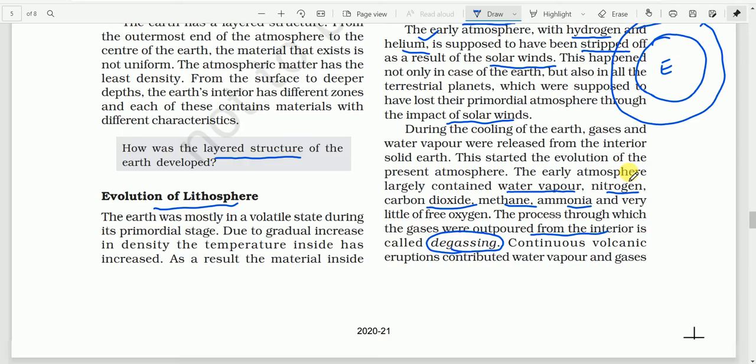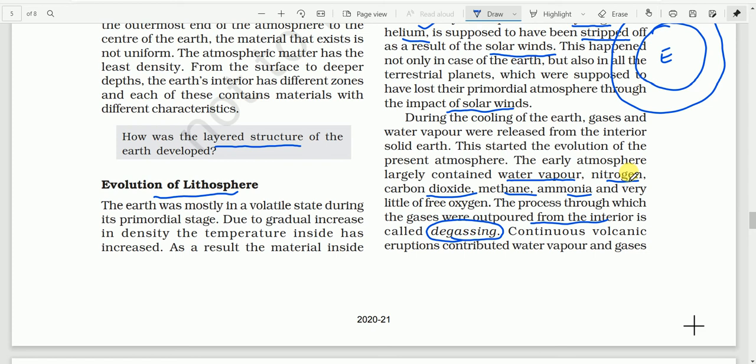Then after further cooling of the Earth atmospheric system, clouds formed, then rainwater filled the depressions on the surface of the Earth, thus forming oceans, lakes, and seas.